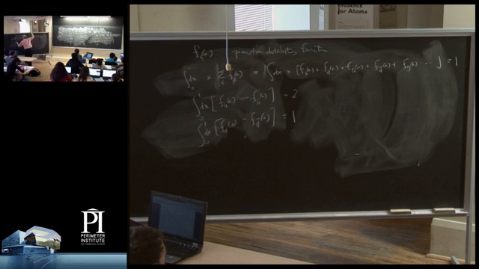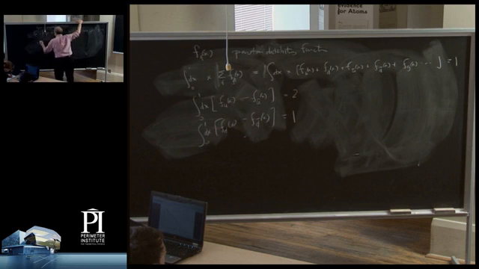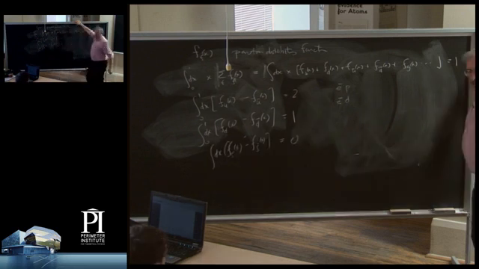Similarly, if there are 2 up quarks in the proton, then I get this sum rule. And similarly, if there is 1 down quark in the proton, then you get that sum.